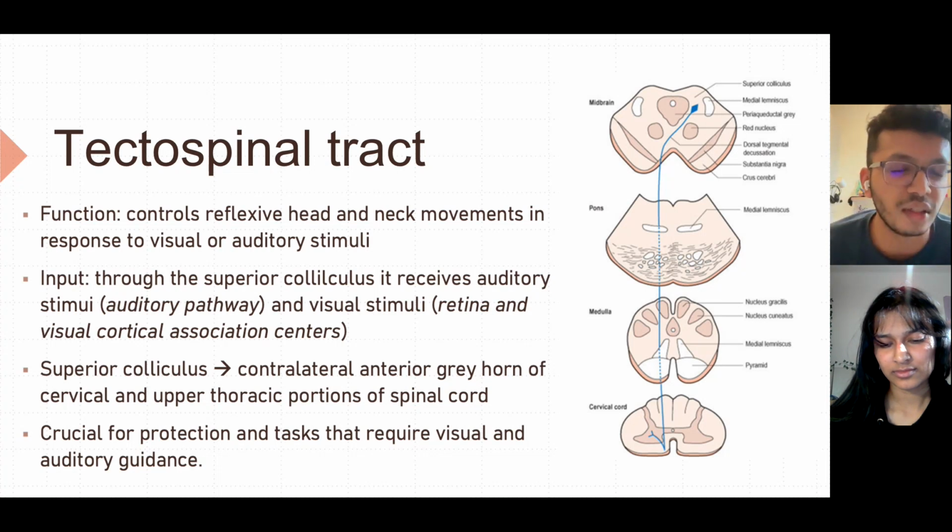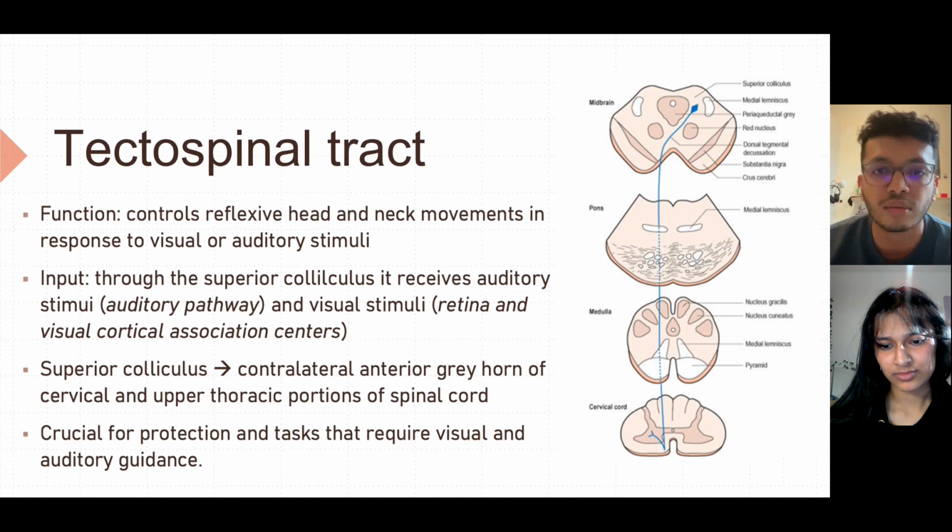This might sound a little confusing because the superior colliculus, as you will probably find out in the brainstem topics, is only involved in visual stimuli, but in this pathway, we're just talking about it receiving auditory stimuli, but it's not involved in auditory processing. That's your inferior colliculus. So in this tract, through the superior colliculus, it receives whatever auditory or visual stimuli you get from your retina and any other association centers in your cortex.